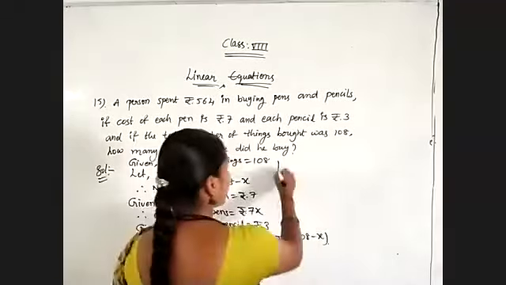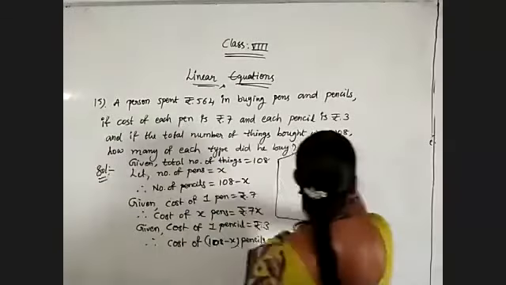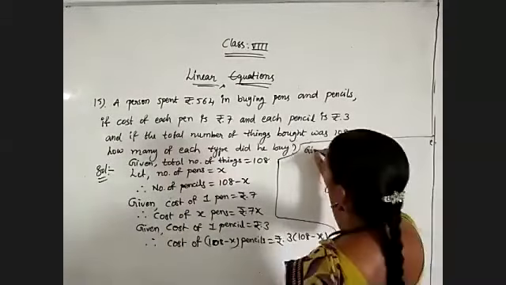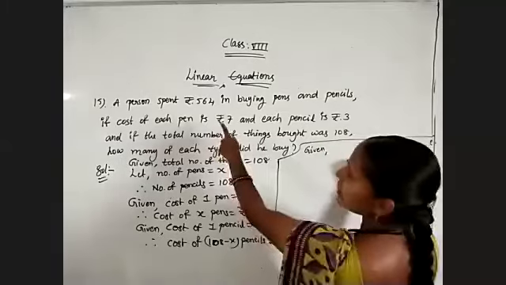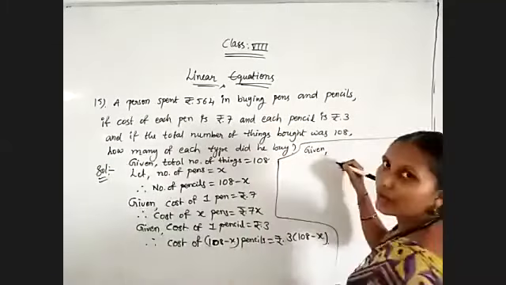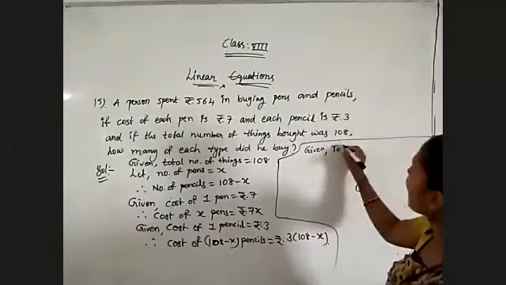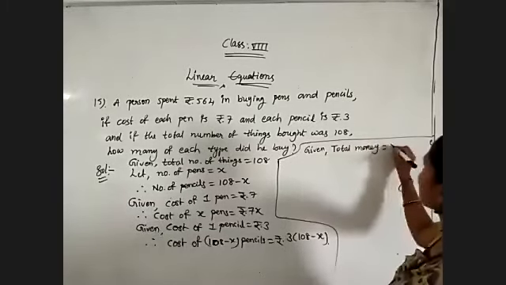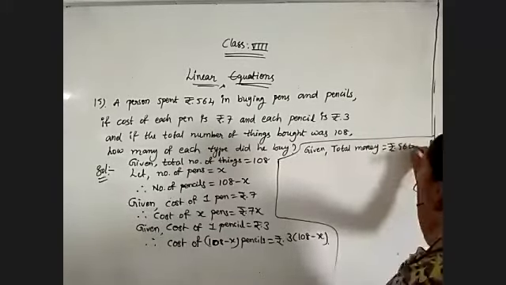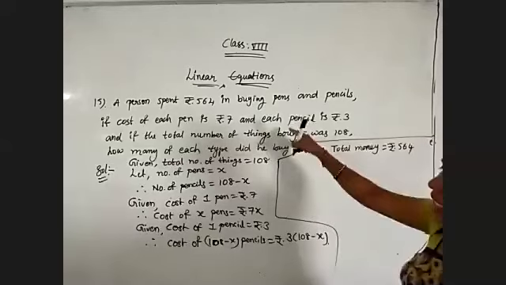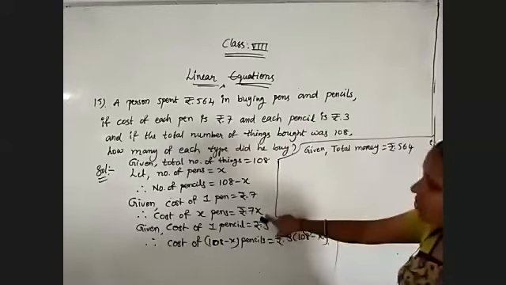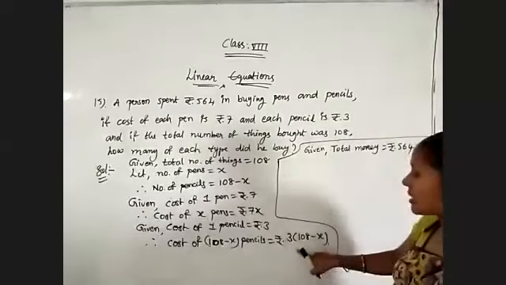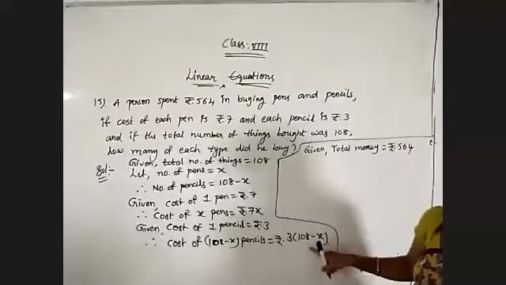Okay, and given total money we spent for those two items is equal to 564. See, total money is spent on pens and pencils. So cost of pens is equal to 7x and cost of pencils is equal to 3 into 108 minus x.